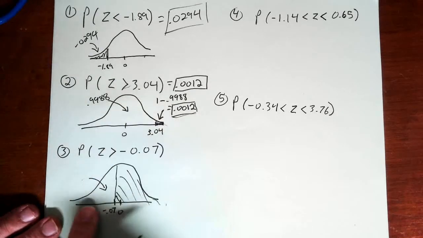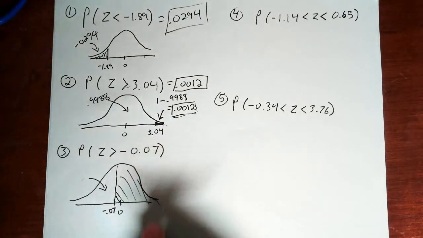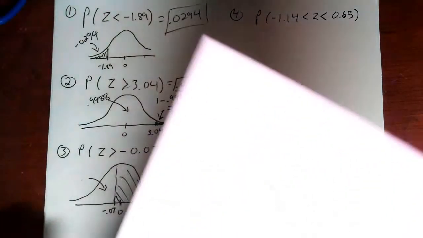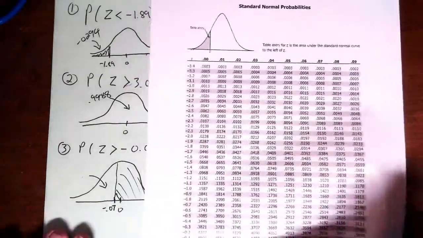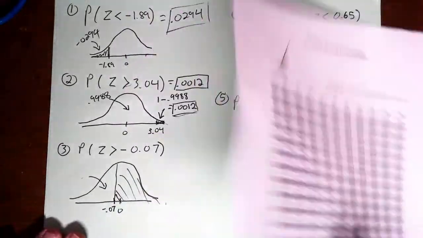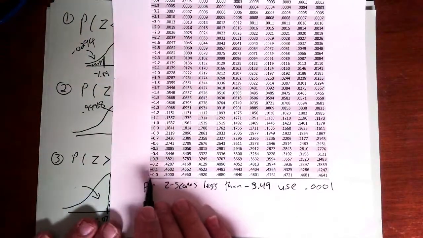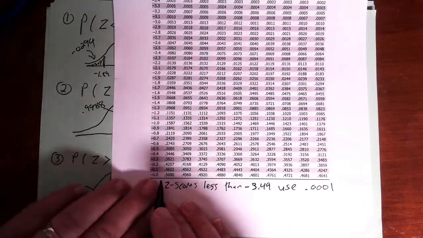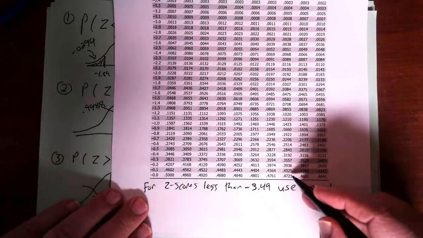So to find this area, I look up negative 0.07. And I look it up on the negative side. And in order to do that, I got to look up down here. I got to go all the way to the very bottom row, negative 0.0 and then 0.07. And where those two intersect, we get our area.